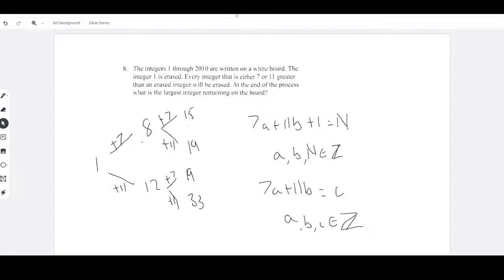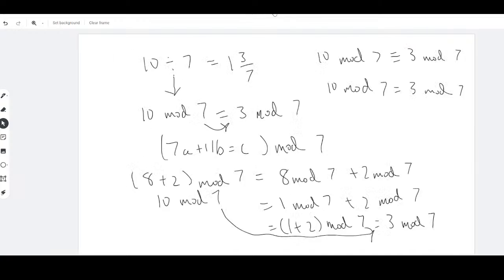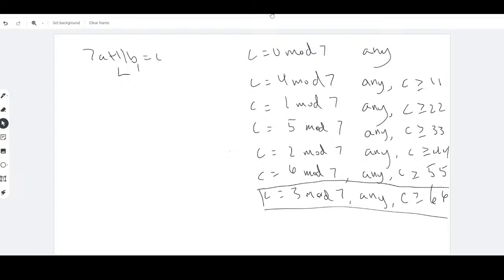If you think about this, the largest C plus 1 that we cannot have a solution for is going to have to be on this row, where C is equal to 3 mod 7, because in this case C has the highest minimum value. So that means it has the highest maximum value that we cannot get. What is this highest maximum value of C that we cannot get?